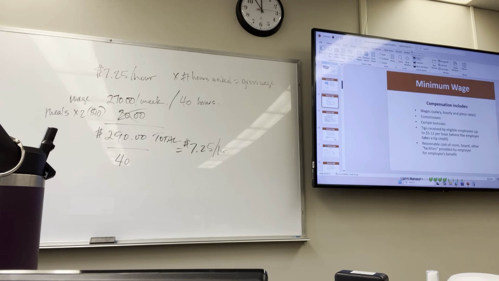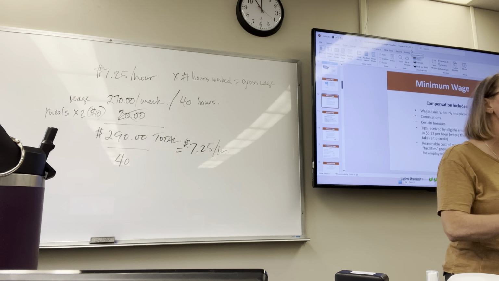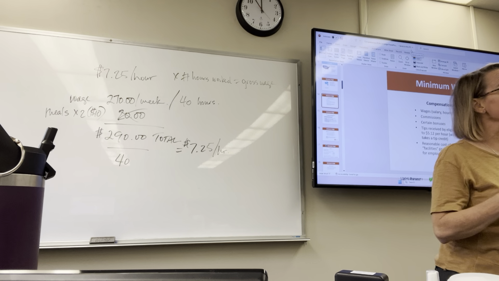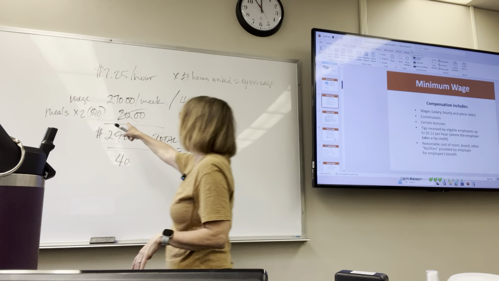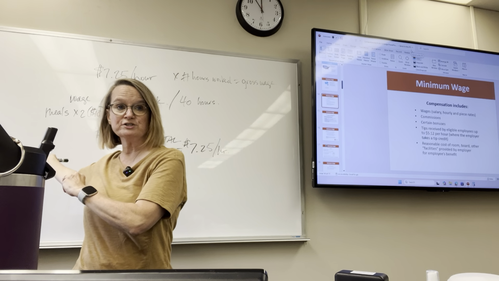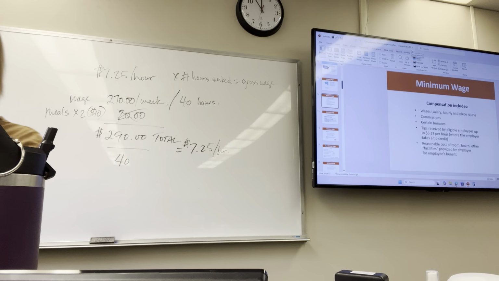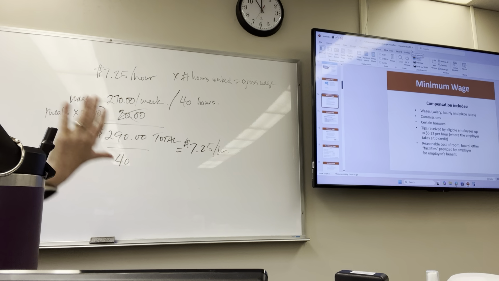Now that's for the employer's benefit, so that you won't be late to your next shift. You're just going to stay there. It benefits them to have you stay there. In that case, they cannot include those meals toward the minimum wage amount. Okay, so that's kind of the difference between whether it's for the employee's benefit or whether it's for the employer's benefit.